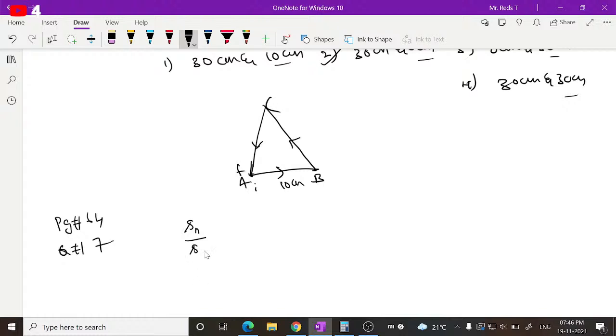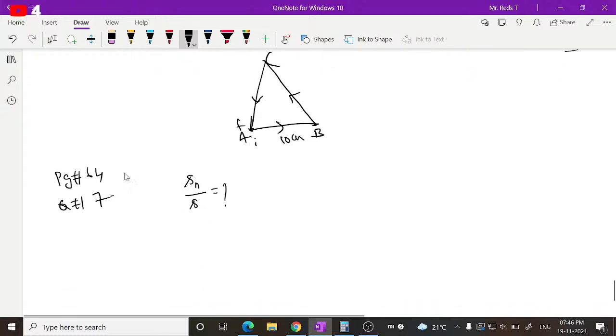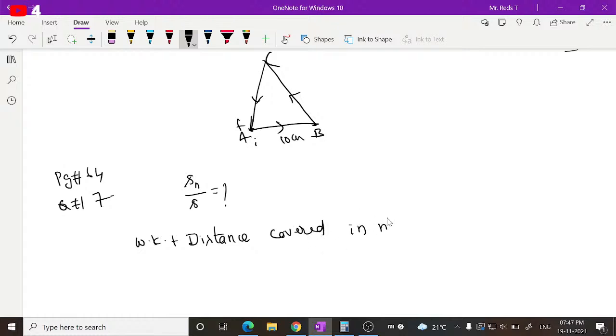Let us take the ratio as S. We know that the distance covered in the nth second is Sn equals u plus a by 2 into 2n minus 1.